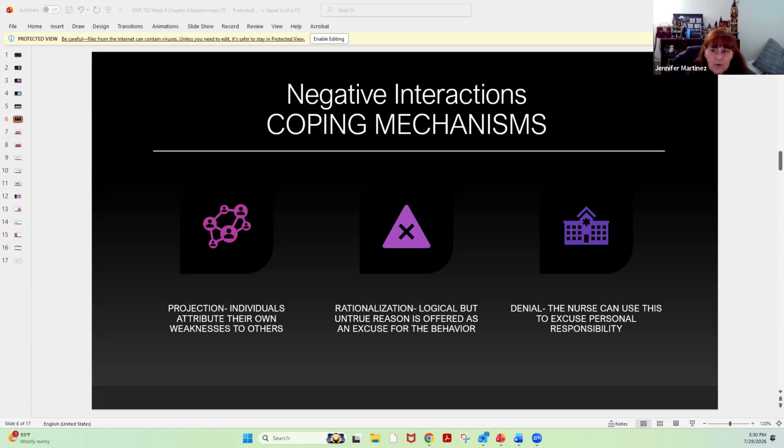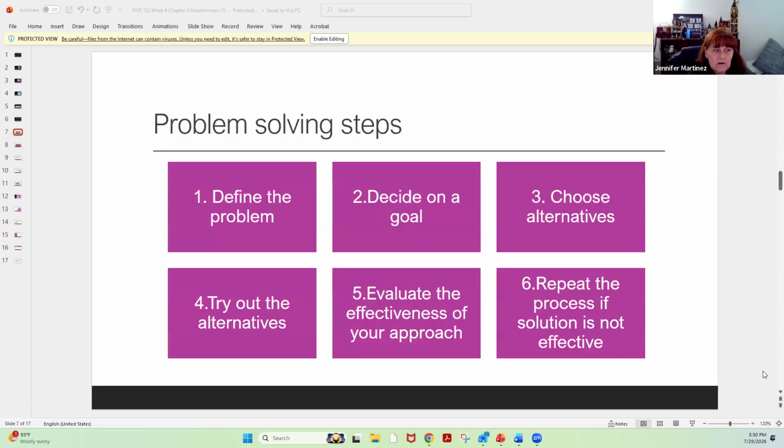We have to really know what it is that we are supposed to be doing. And so we want to avoid that negative projection and try to be as positive with our communication and our interactions with members of the team as well as our clients.